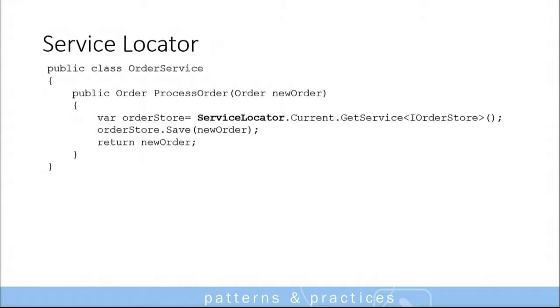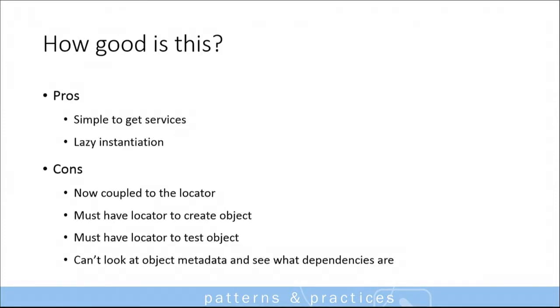The downside is that you have this concept of a service locator, and now you have to tell the service locator how to create an instance of IOrderStore, right? So that's a downside. Again, it's pretty straightforward to get a service. You just ask the service locator for the service, and you can achieve some lazy instantiation.